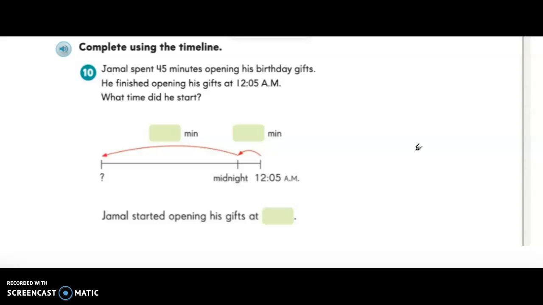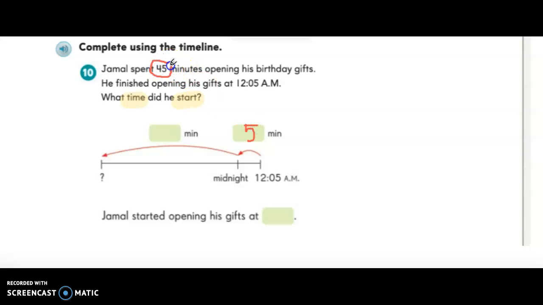Jamal spends 45 minutes opening his birthday gifts. He finished opening his gifts at 12:05 a.m. What time did he start? Again, they want a time and they want to know when did he start. They're having us do that first jump back to midnight, which means that's a difference of 5 minutes.